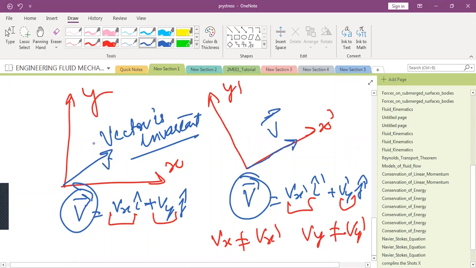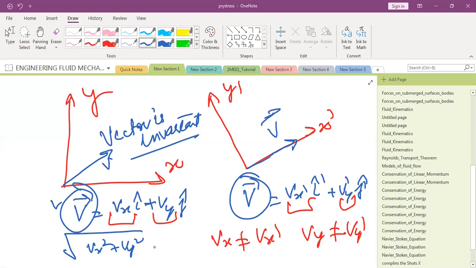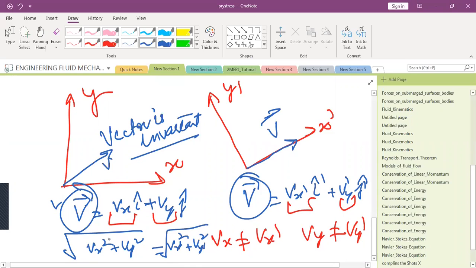So vector V has not changed. The magnitude and the direction of the vector are the same. That is, square root of Vx square plus Vy square will be equal to square root of Vx dash square plus Vy dash square. So this has not changed at all. What has changed is only the magnitude of the components of the vector.